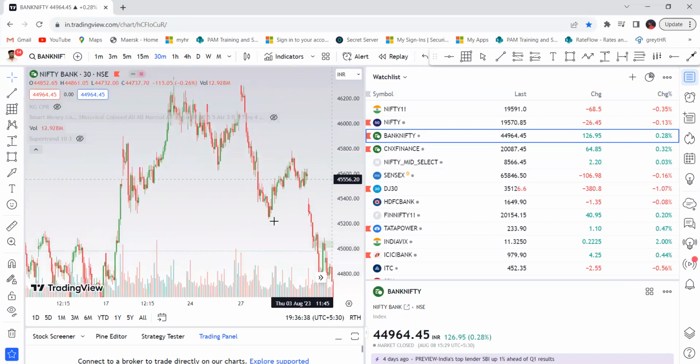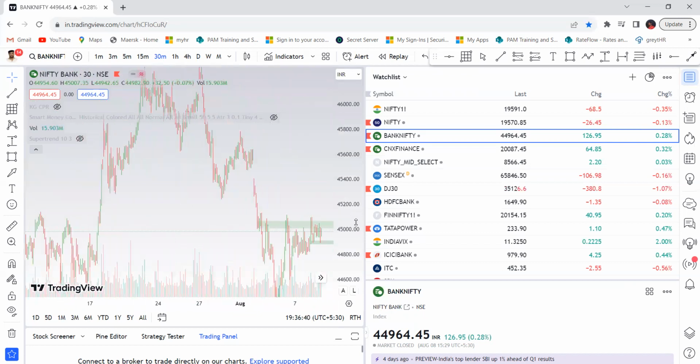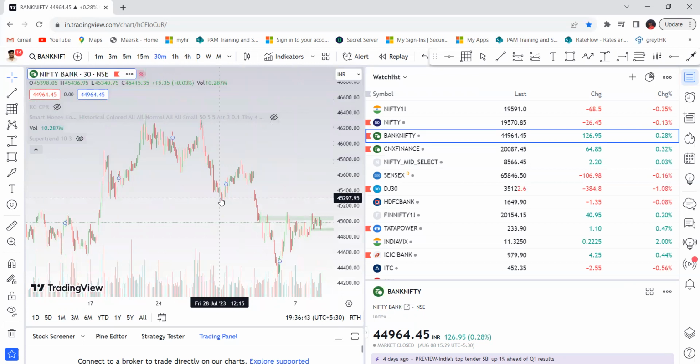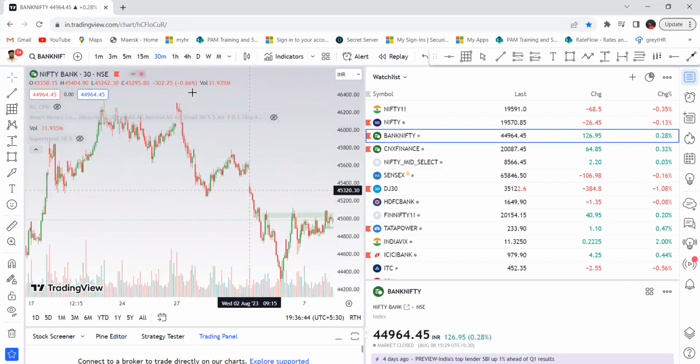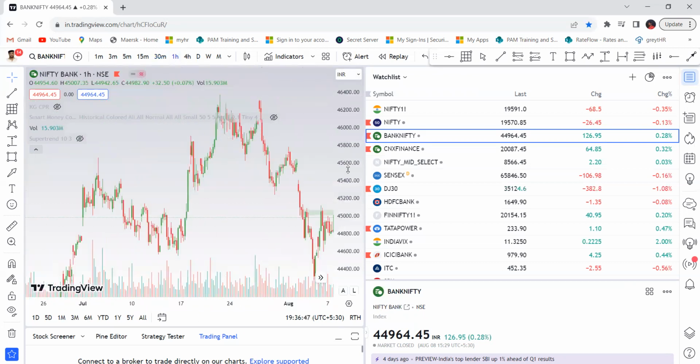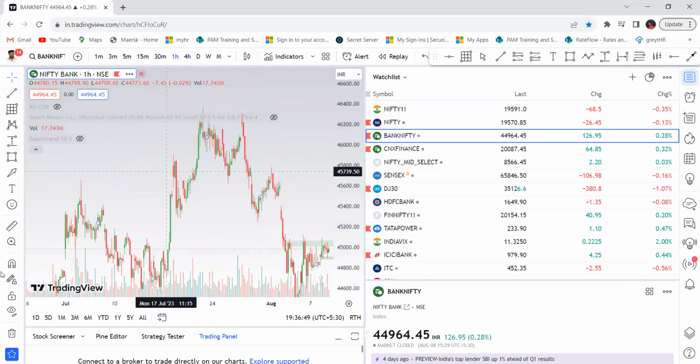When you look for a pattern, it's not exactly the same as what you look for. See, I think this one I can consider as a head and shoulder.